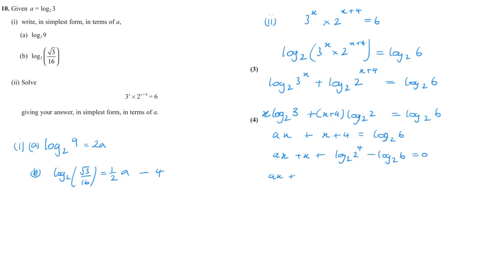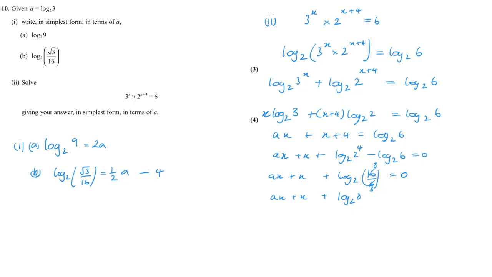So our ax and our x are done, and this is log 2, so 16 over 6, because minus in logs is dividing them. So ax plus x plus, so 16 over 6 is 8 over 3. And there we have it.